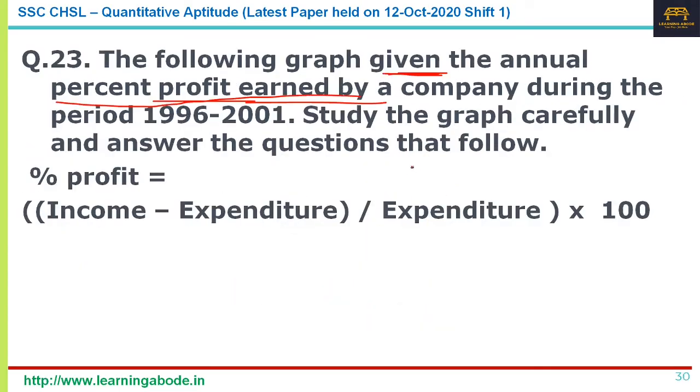So I'll give a mixed answer based on whatever data is available. Three questions were based on this graph. I'm not really sure about 24 and 25, but for 23 I'm kind of sure of the answer. For 24 and 25, I'll give the answer according to the official answer key.